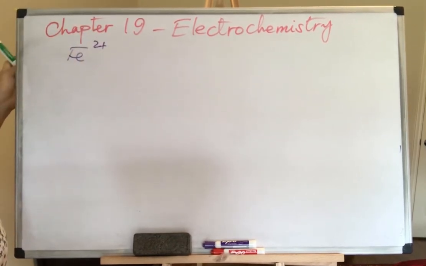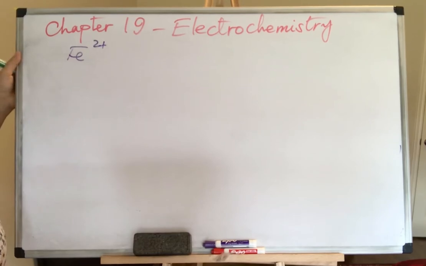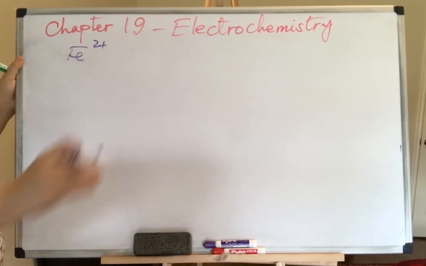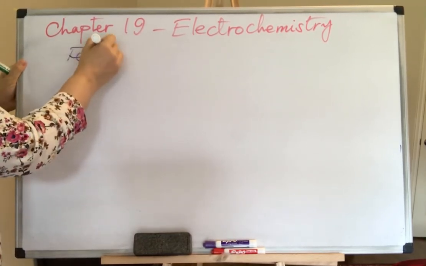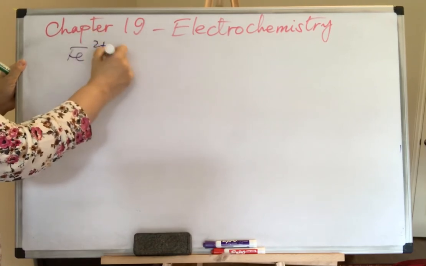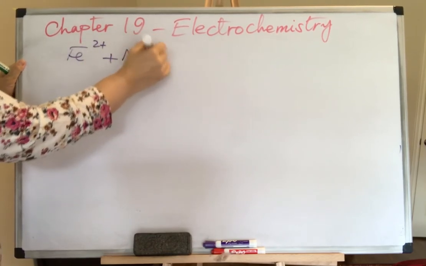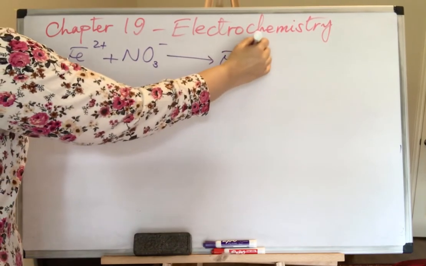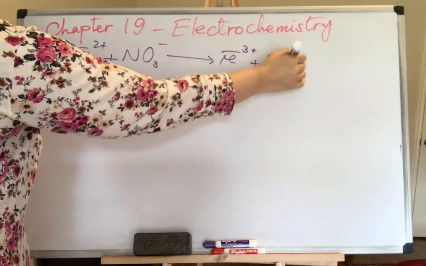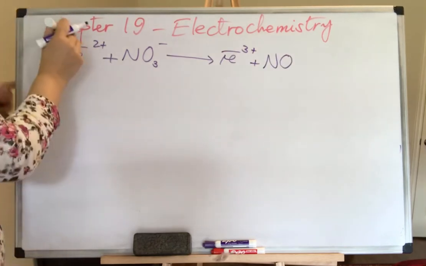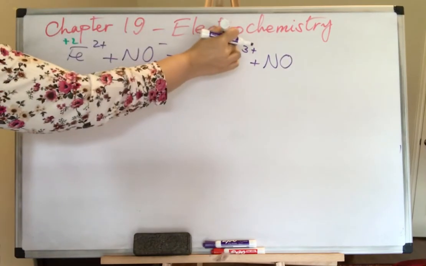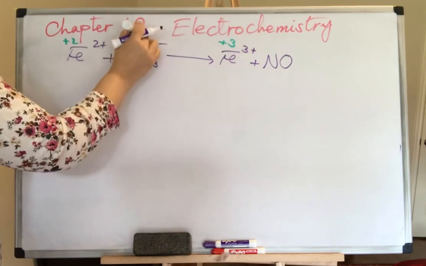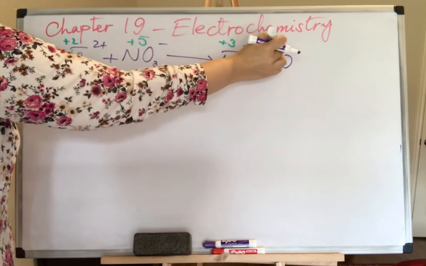So far we just found the oxidation numbers. We said this is +2, this is +3, this is +5, and this is +2.